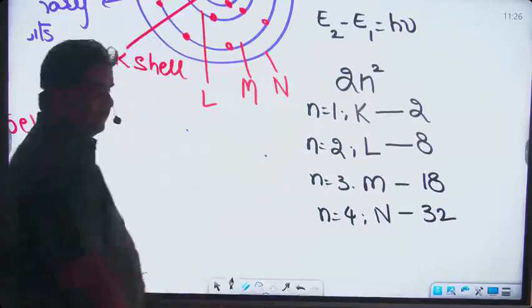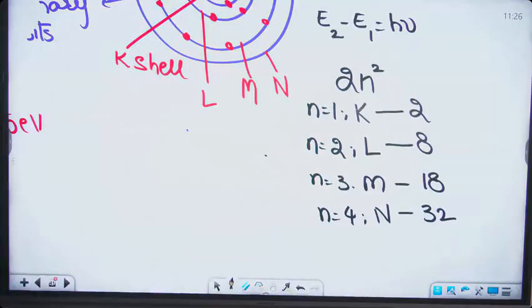The maximum number of electrons in any orbit is given by 2n square.